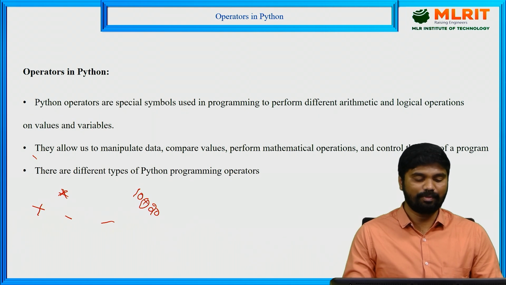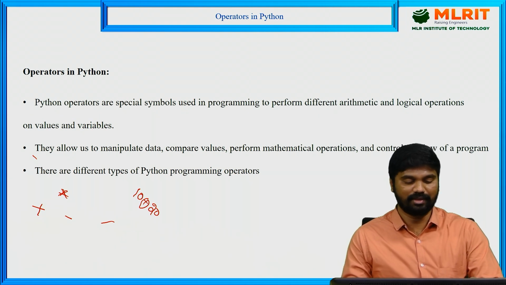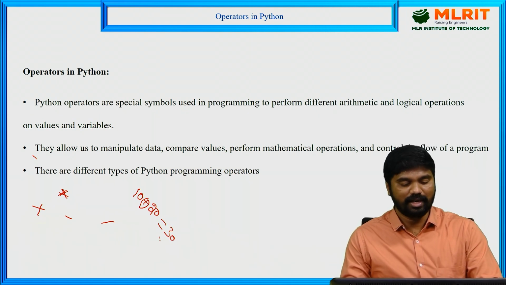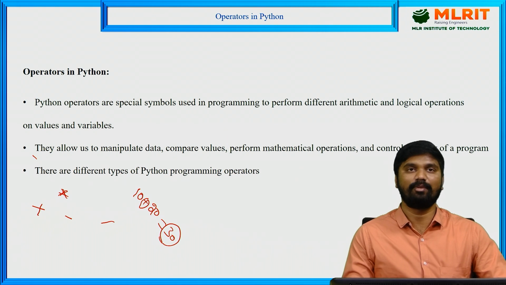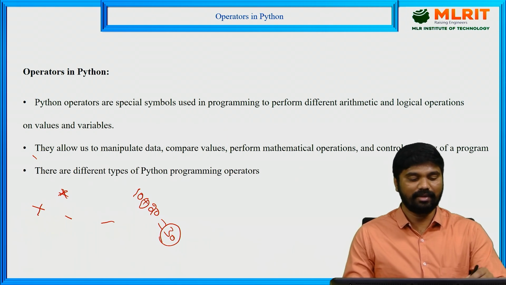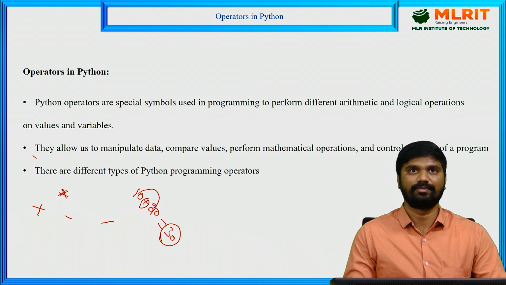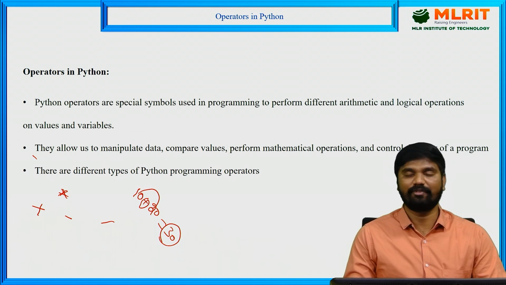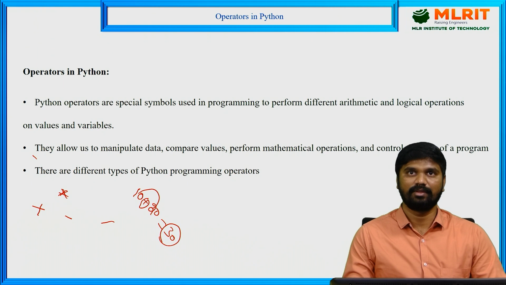Whenever we perform some operation, the data is changed, that means the data is manipulated. Also, by using operators we can compare two values, as well as perform mathematical operations, and operators are useful in control statements. We'll discuss control statements in our next topic.